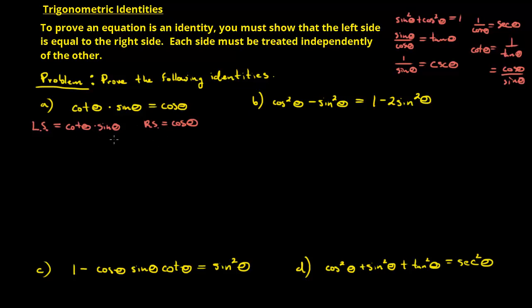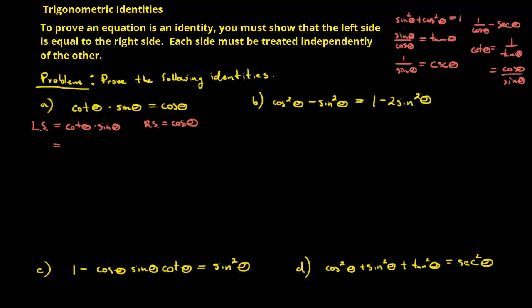When I go to do this, the best strategy is to take the more complicated side and simplify it to make it equal to the side that's written in the simplest form. Normally, if you have something written like cotan or tangent, a good strategy is to convert it and write it in terms of cosine and sine theta, because here I can see that the right side is cosine theta.